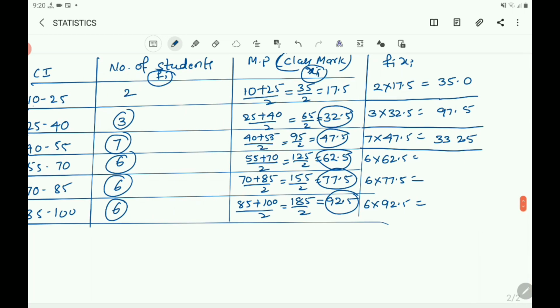332.5. Next, 6 into 62.5: 6 into 5 is 30, 0 and carry 3, 6 into 2 is 12 plus 3 is 15, and 6 into 6 is 36 plus 1 is 37, so 375.